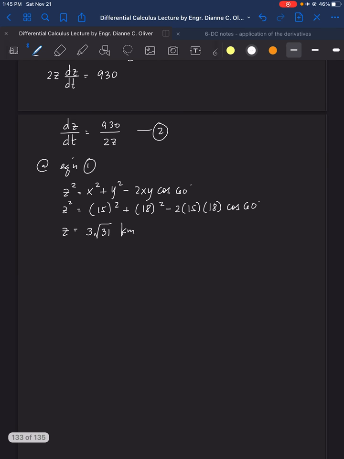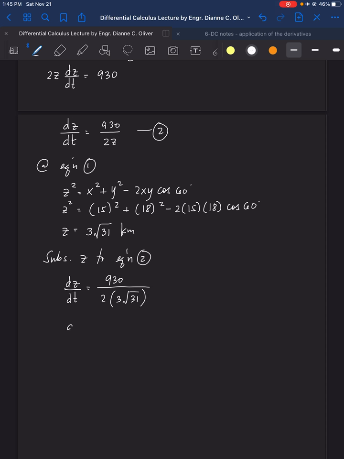Then substitute the value of z into equation number 2. Therefore, dz over dt is equal to 930 all over 2 times 3 square root of 31.